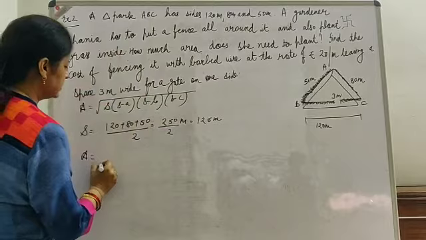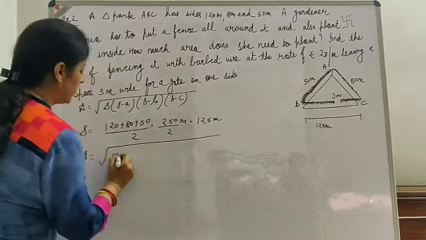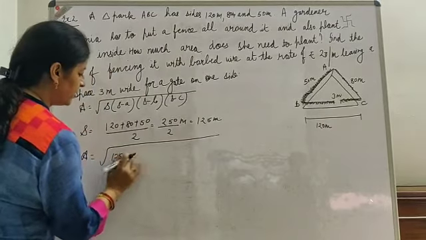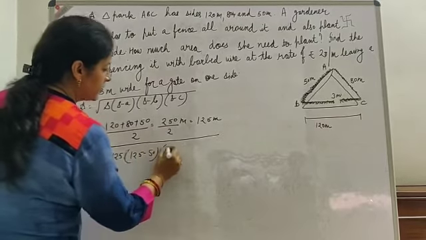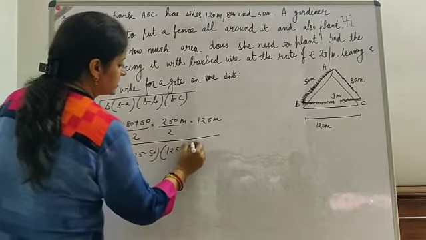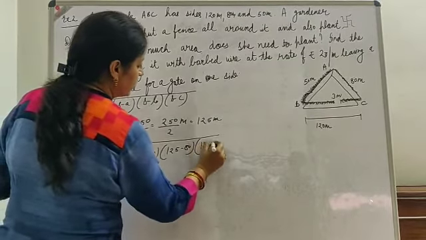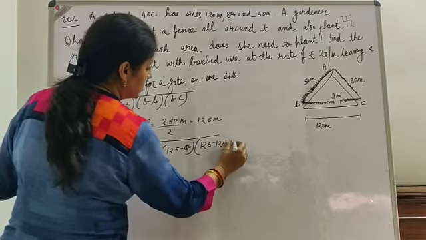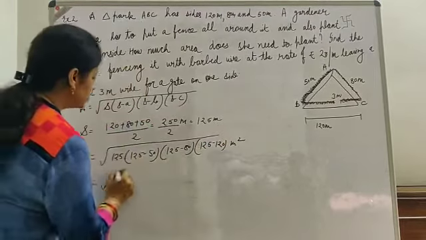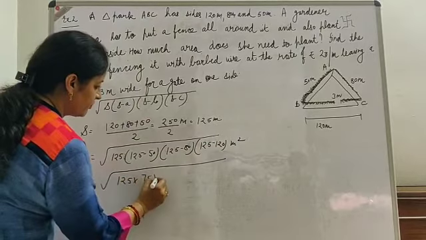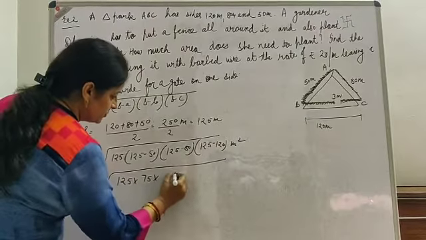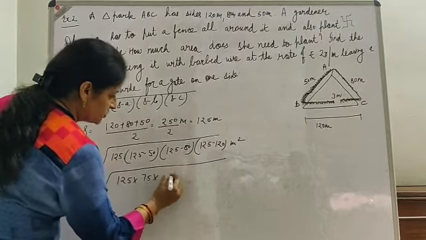So area is equal to the square root of 125 into 125 minus 50, 125 minus 80, 125 minus 120 meter square, which is equal to 125 into 75 into 45 into 5, since 5 minus 0 is 5.